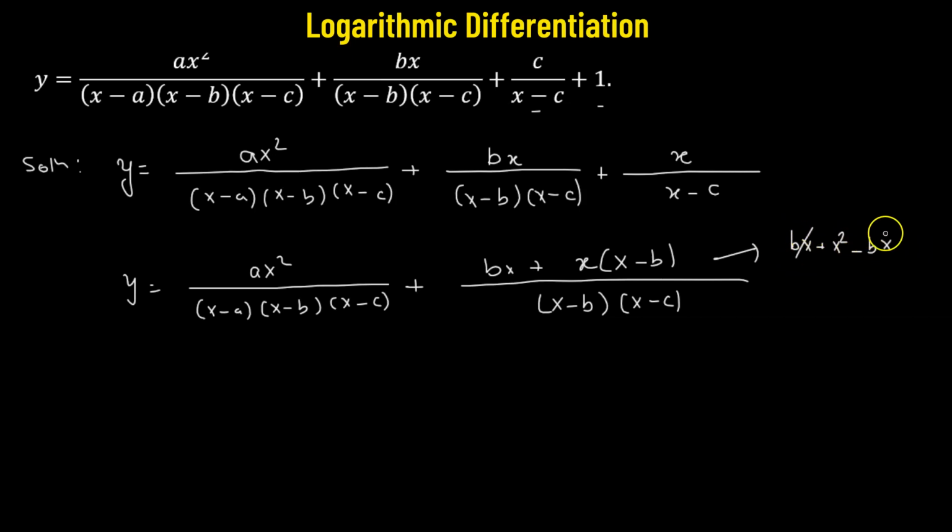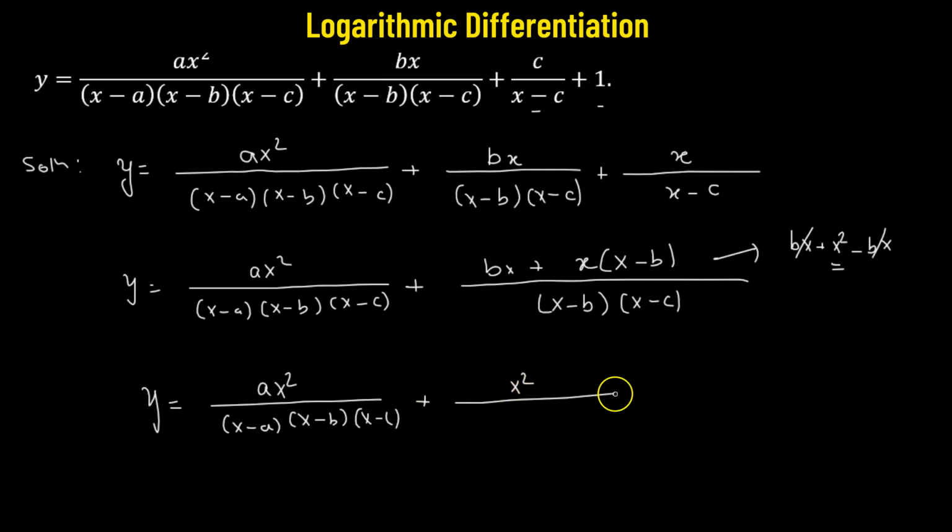That means the first term and the third term get cancelled out. That leaves us with only x squared. We can rewrite it as ax squared divided by x minus a times x minus b times x minus c, plus in the numerator only x squared. So we have x squared divided by x minus b times x minus c.